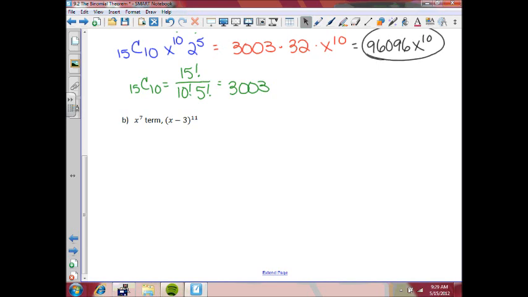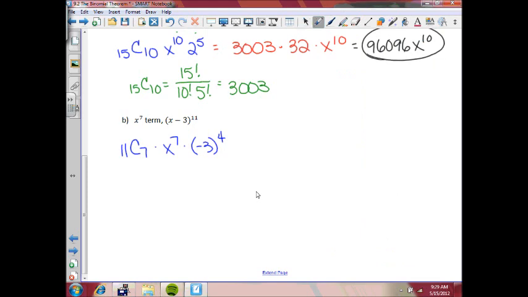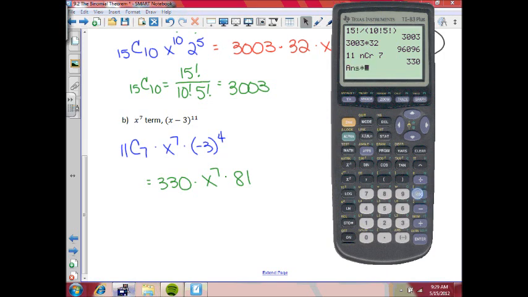Now when we do the x to the 7th term, we're going to do 11 choose 7 times x to the 7th times negative 3 to the 4th power. Well, 11 choose 7 is really 330 times x to the 7th, and negative 3 to the 4th would be 81. So 330 times 81 is 26,730.